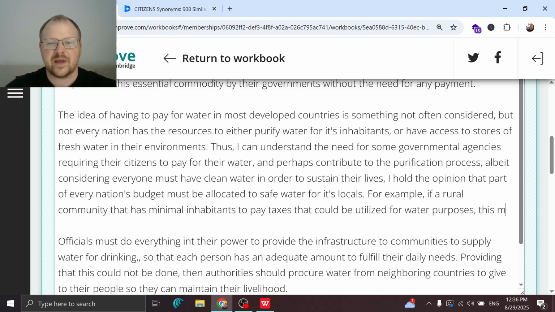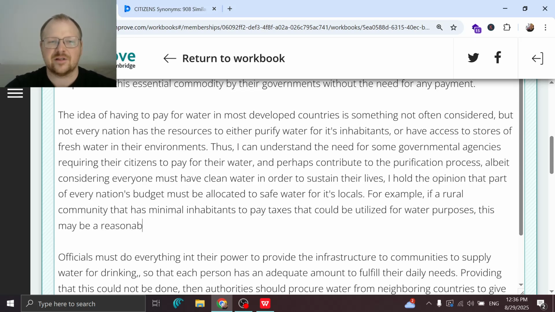This may be a reasonable request by the government to have people pay for water.